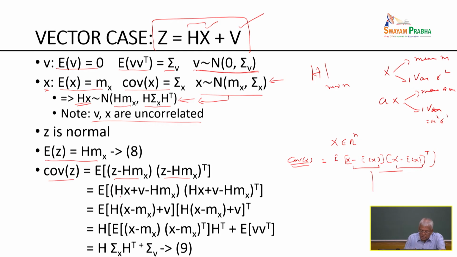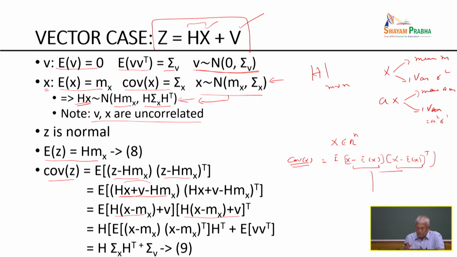Now Z is equal to H of X plus V. So I substitute this. There is an H term common in here, so I can express the first term as H times X minus Mx plus V. This term is exactly the same term, but transposed. I have now two terms and I have to multiply them.